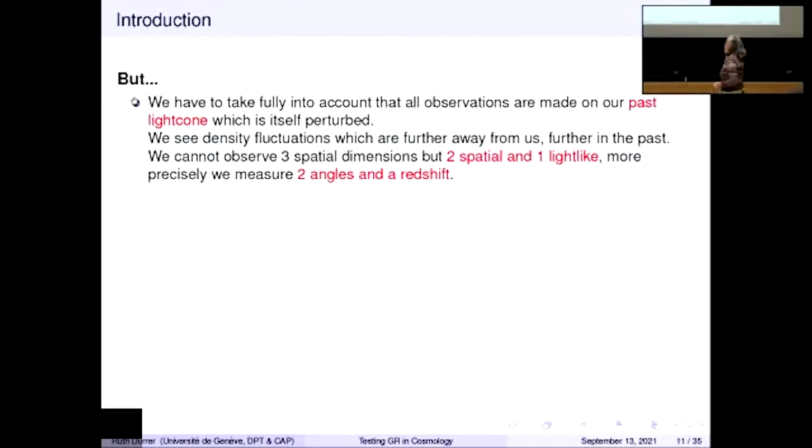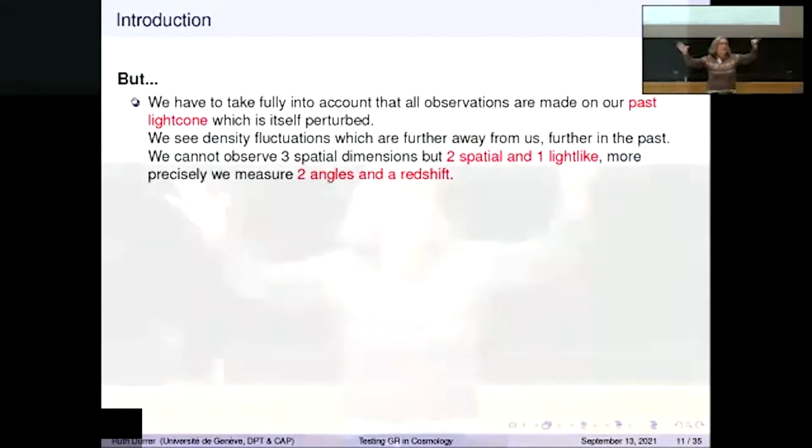But once we have bigger galaxy catalogs which go all through the visible universe, we have to take several additional things into account. First of all, we can never measure the full 3D space. We can only make measurements on our background light cone.